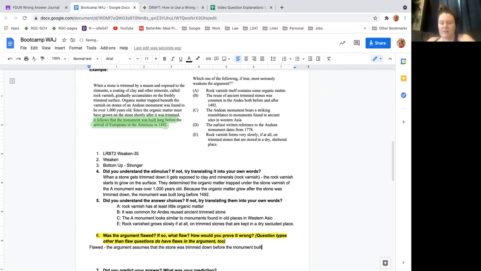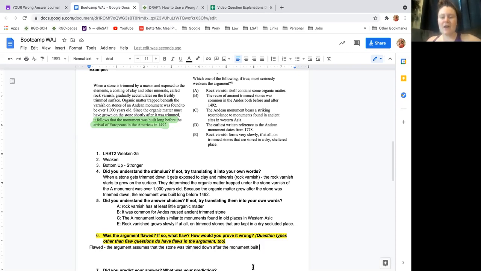So they're assuming that the stone was trimmed down after the monument was built. And how would I prove that argument wrong? What would happen if the stone was trimmed down 2,000 years ago, but then they took that stone and used it later to build the monument, but the organic matter was already forming.